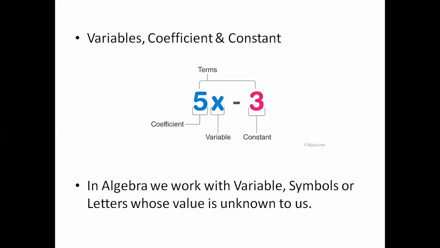So let us understand what are variables, coefficients, and constants. As you can see here, 5x minus 3 is given. x is a variable and 5 is a coefficient. 3 is a constant, that is a number, and this whole is called a term. In algebra, we work with variables, symbols, or letters whose value is unknown to us.